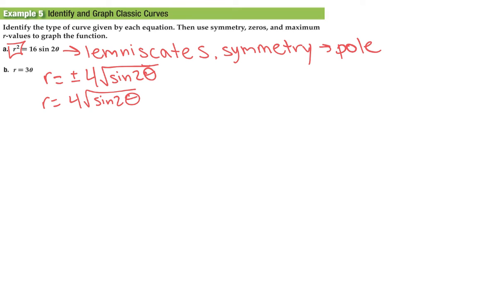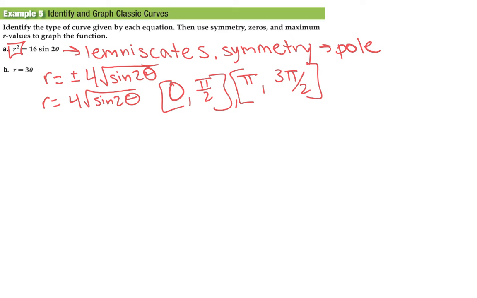So we are going to focus on the intervals from 0 to pi over 2, and then pi to 3 pi over 2. That's where the domain is restricted, and nothing exists elsewhere.